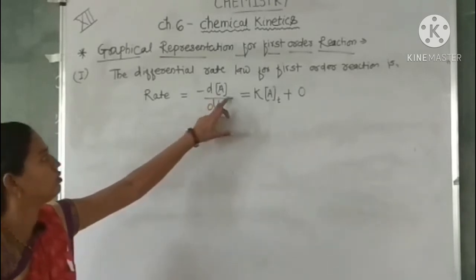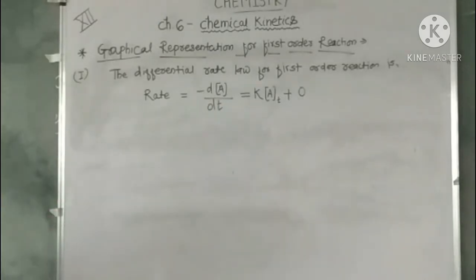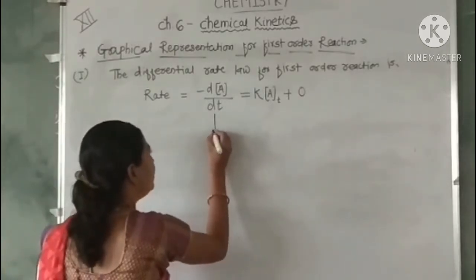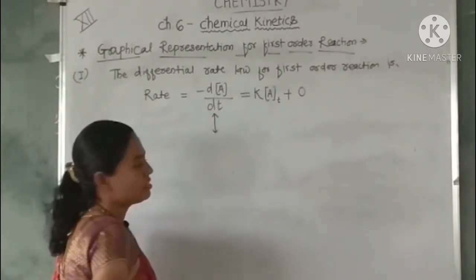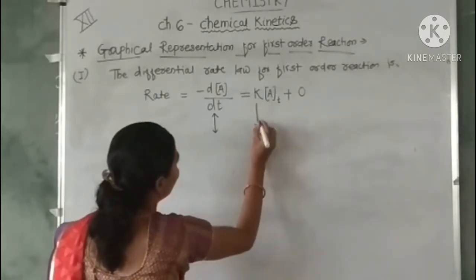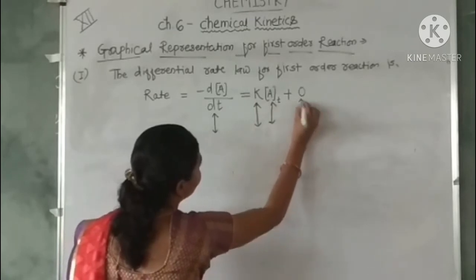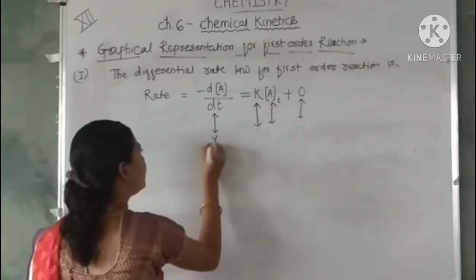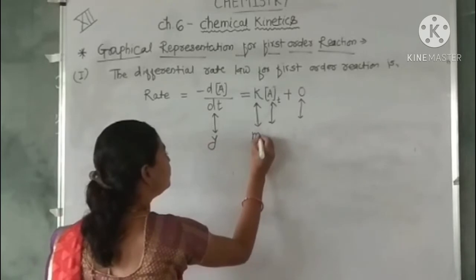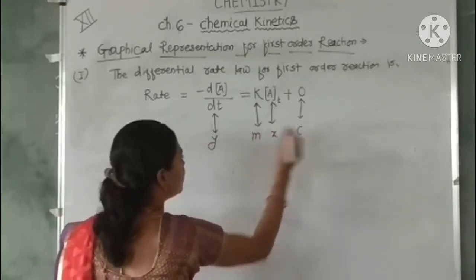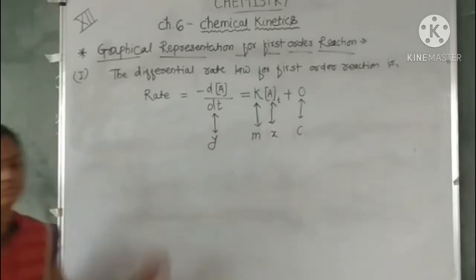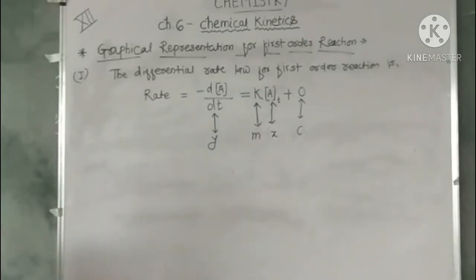Minus d concentration of A upon dt is equal to K into concentration of A at time t. If we write it in the y is equal to mx plus c form, this is the equation for a straight line.